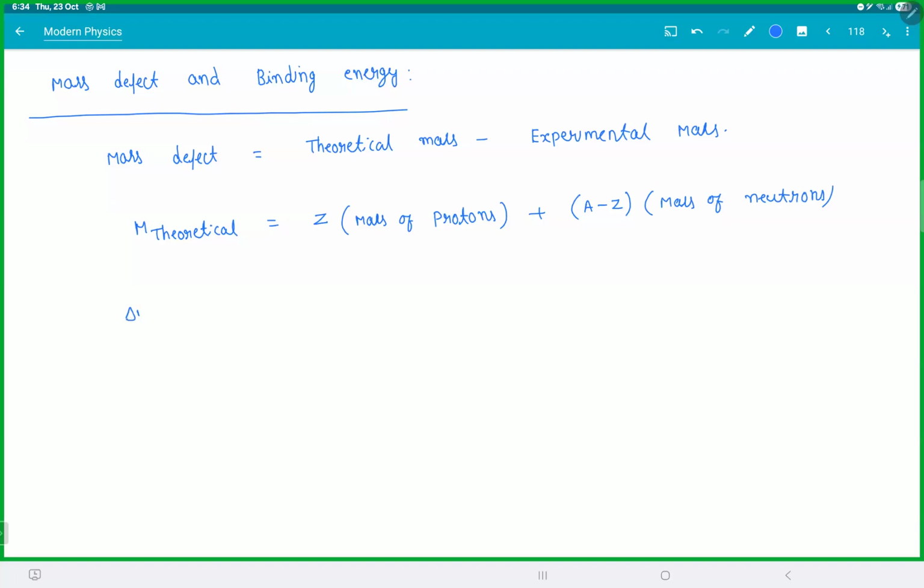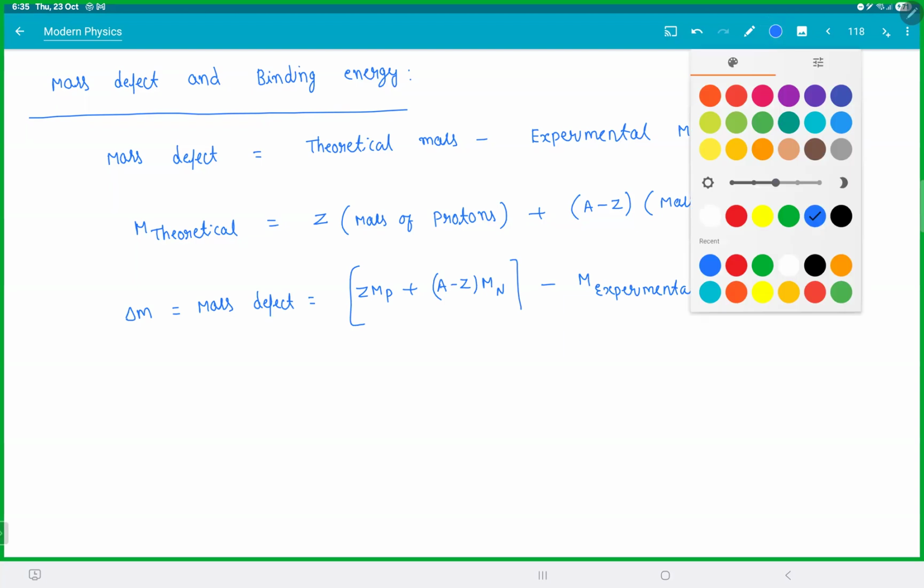So we write delta M, which is your mass defect, equals Z times mass of the protons plus A minus Z times mass of the neutrons, minus M experimental. The experimental mass will be given. This is your first formula to remember.